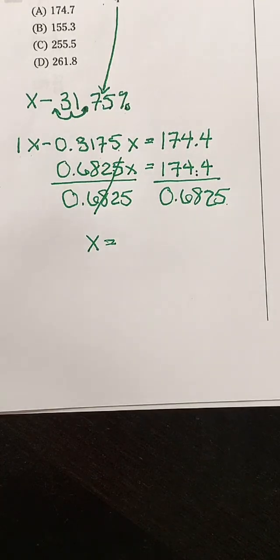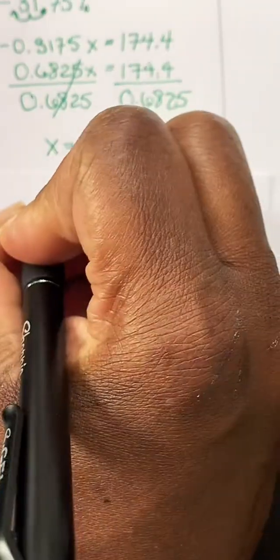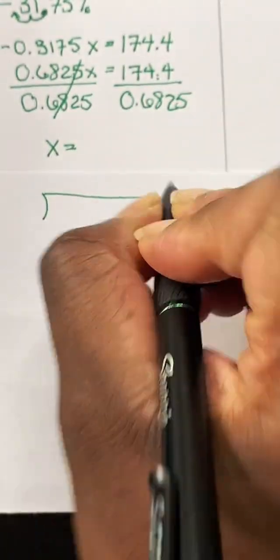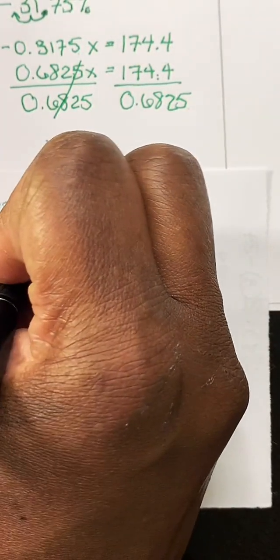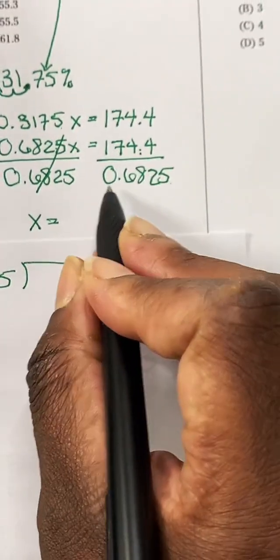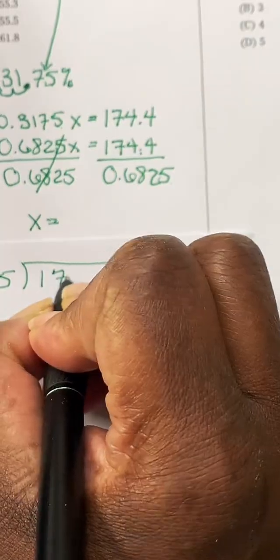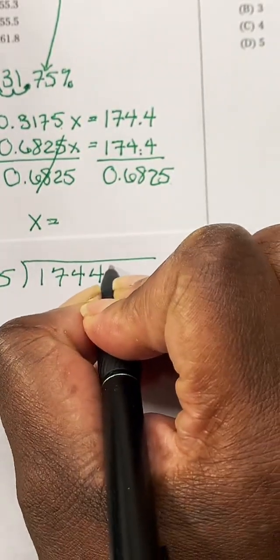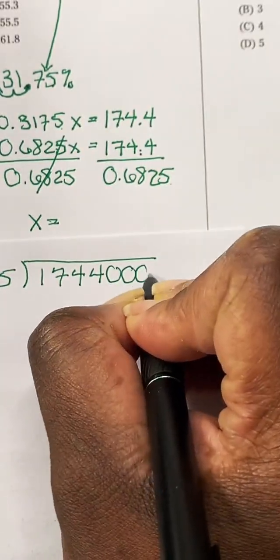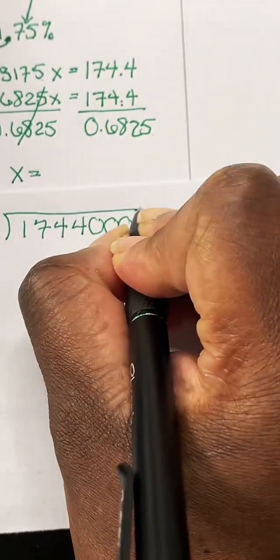Okay? So if you were to divide it, it's going to look like this. It'll be 6,825 because I moved it over 4 times. So if I move it over 1, 2, 3, 4 times, then I'll add my decimal place.